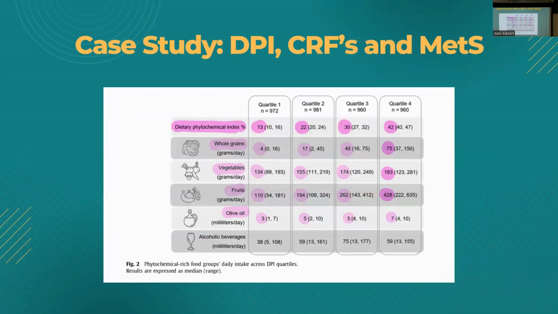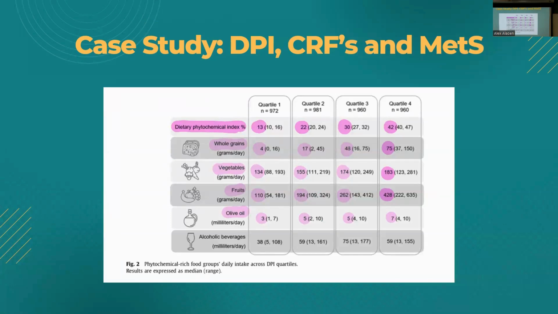This is another case study. This one looked at cardiovascular risk factors and metabolic syndrome, which is the sum of all of those cardiovascular risk factors. And again, it looked at the consumption of phytochemicals ranked in quartiles and also divided into food groups.